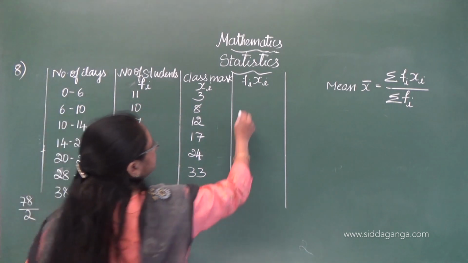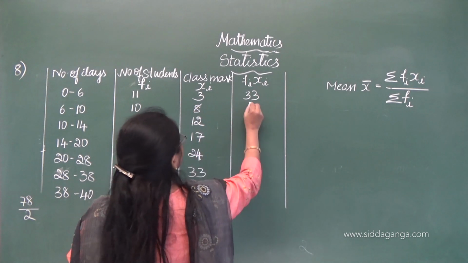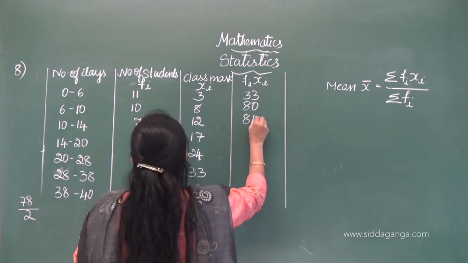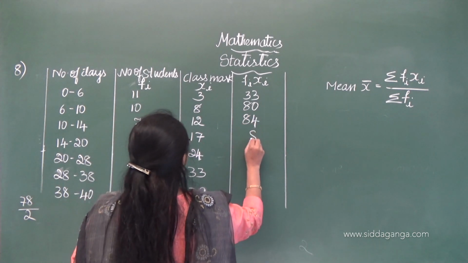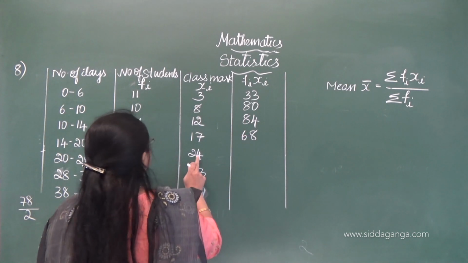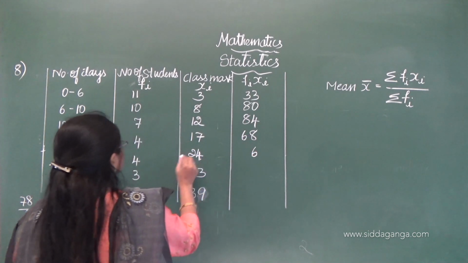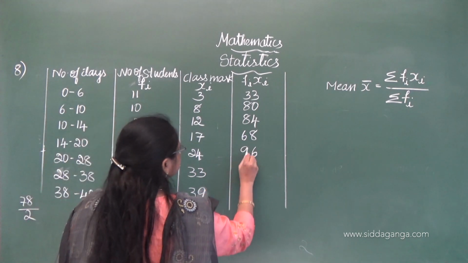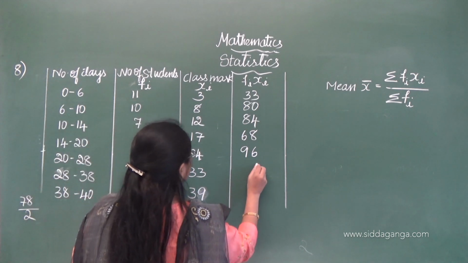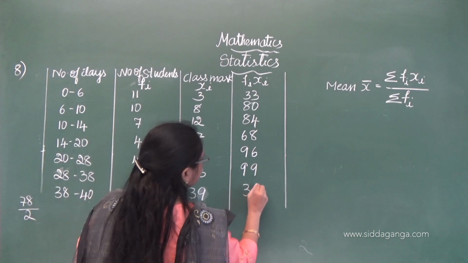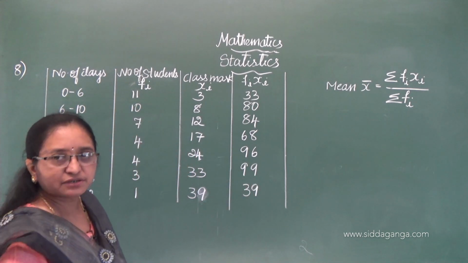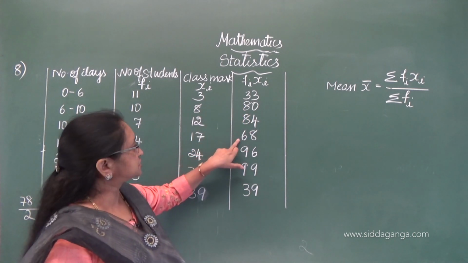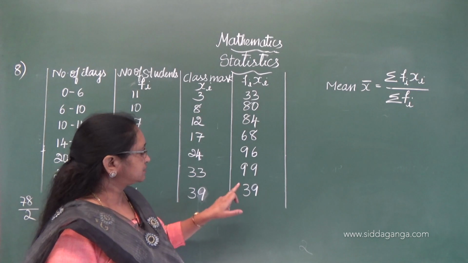Now, 11 3s are 33, 80, 84, 7 4s are 28, 4 4s are 16, 96, 3 3s are 99, 39. Let me check with the values: 33, 80, 84, 68, 96, 99, 39.